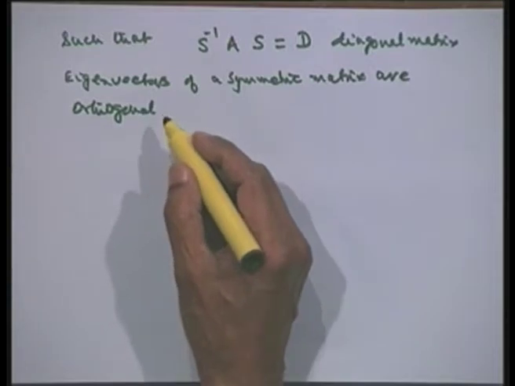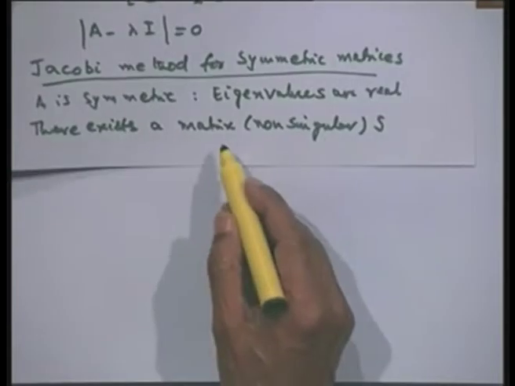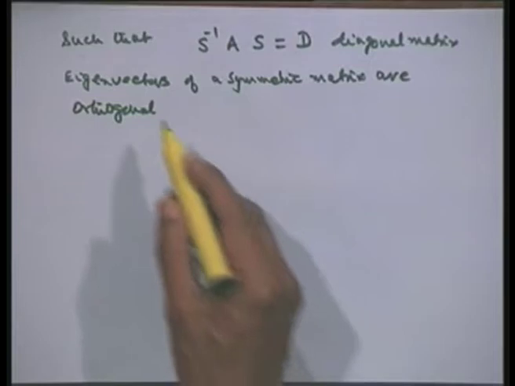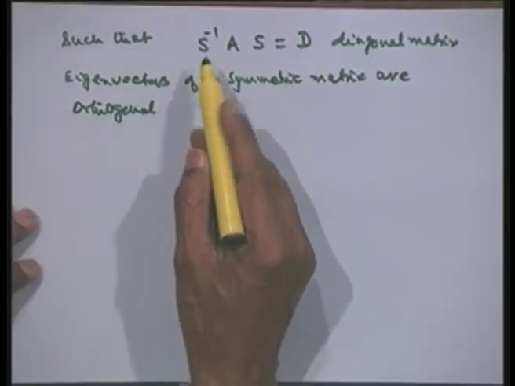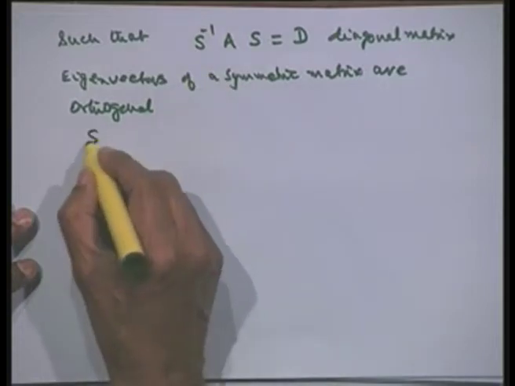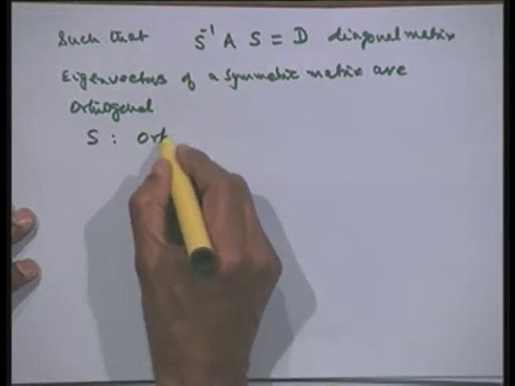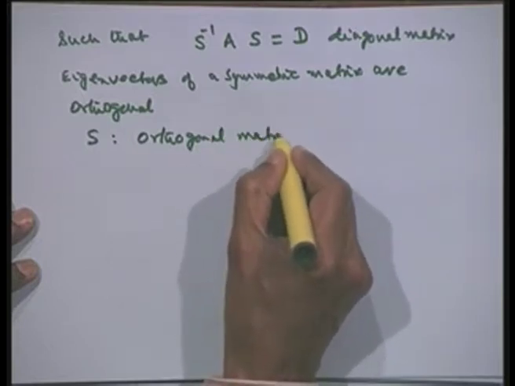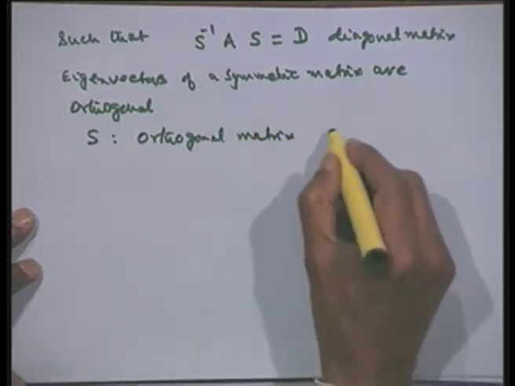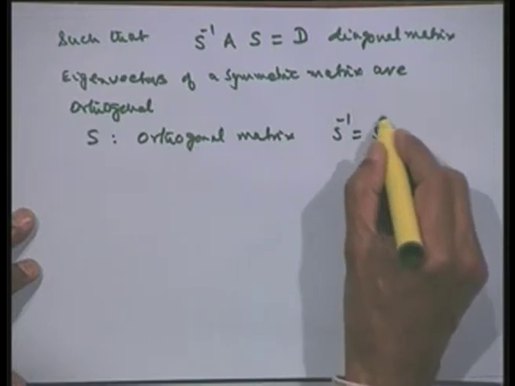Therefore, the non-singular matrix that reduces A to the diagonal form is an orthogonal matrix, that means S inverse is equal to S transpose.